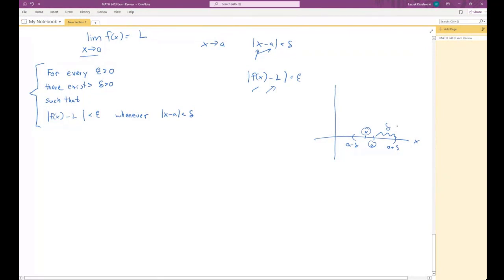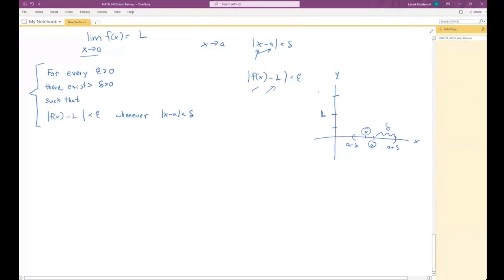You know, d is before e in the alphabet. Delta comes before epsilon. X comes before y. And then, right, if you have, oops, I messed up. Yeah, eraser. And the epsilon is the distance we associate with the y-axis, right?